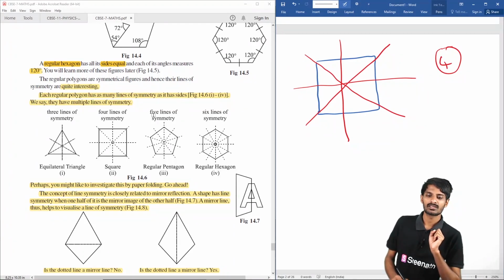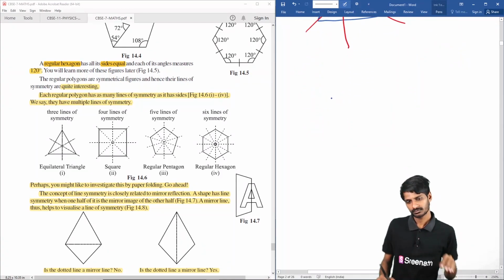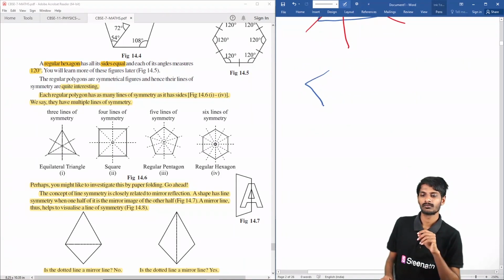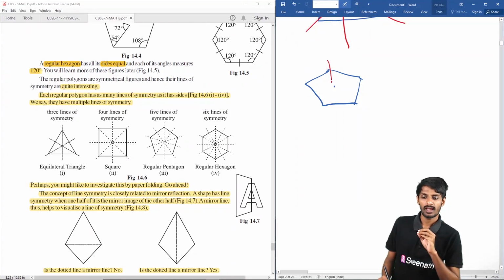Next, 5 lines of symmetry. Suppose here we are having the pentagon now. It is the pentagon, and it is having 5 sides. So we can draw 5 lines of symmetry. Around this line, it is symmetrical.